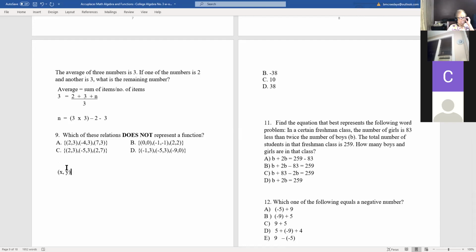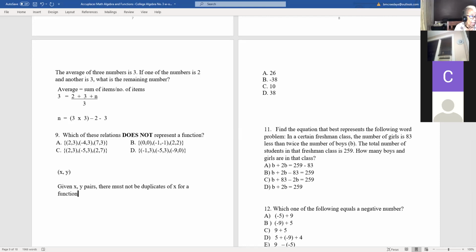Okay, so for something to be a function, okay, let's see. Given x, y pairs, there must not be duplicates of x for a function.